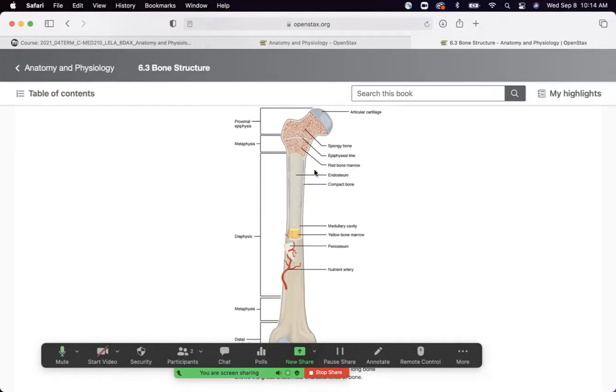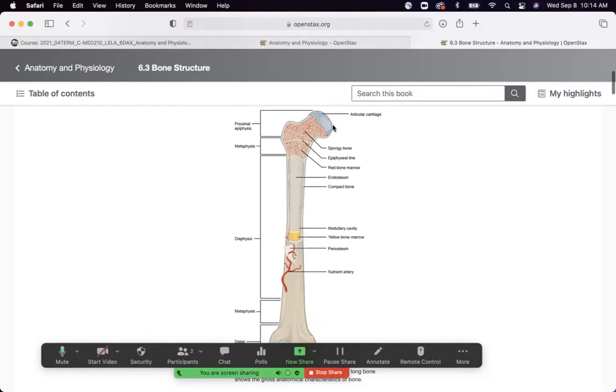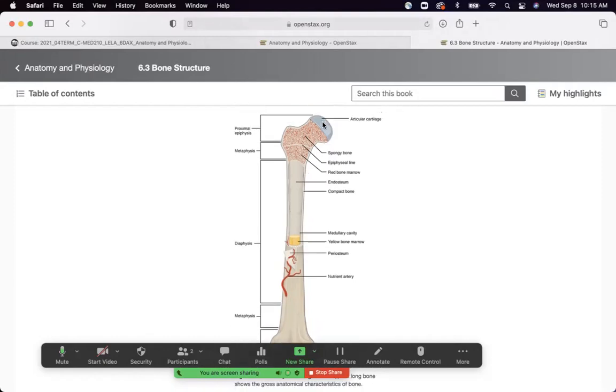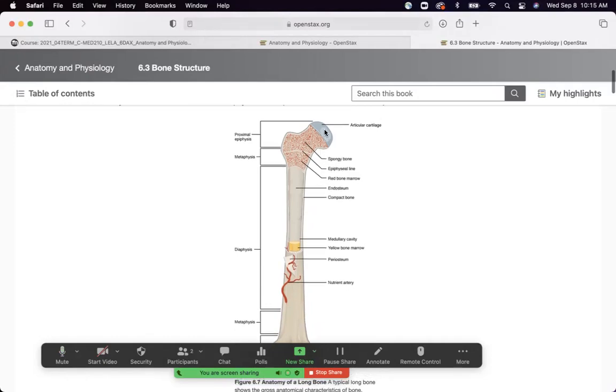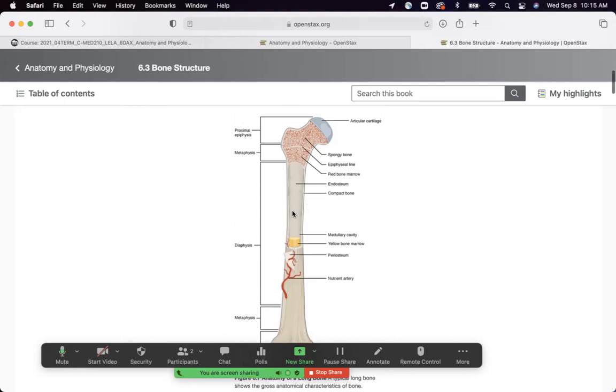So the articular cartilage on the end is utilized as a shock absorber and also to decrease friction when the bone is moving around, because when you're younger, you've got a lot of this. When you're older, my orthopedist and my rheumatologist can contest, this starts wearing away, especially at my knees, which is never a good thing.